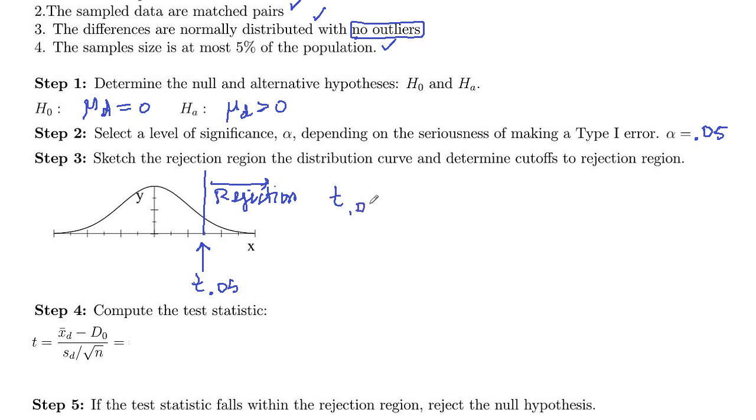So t.05 is going to be equal to inverse t. The left area over here is 0.95. And then degrees of freedom, there are 10 differences, minus 1 is 9.